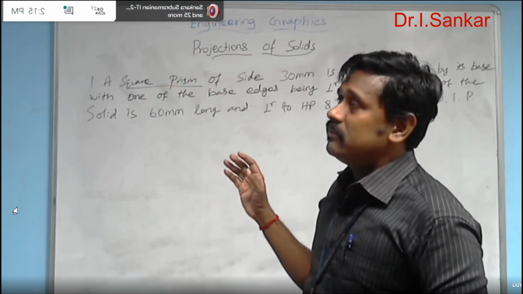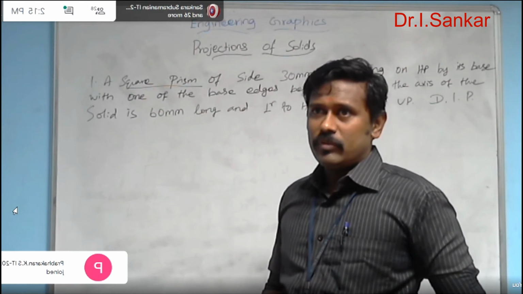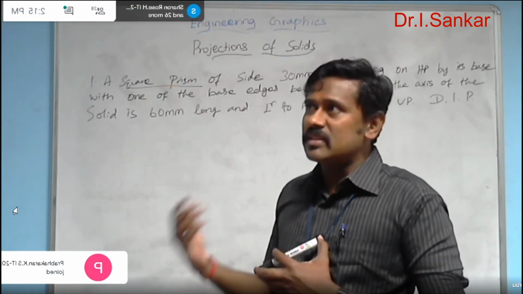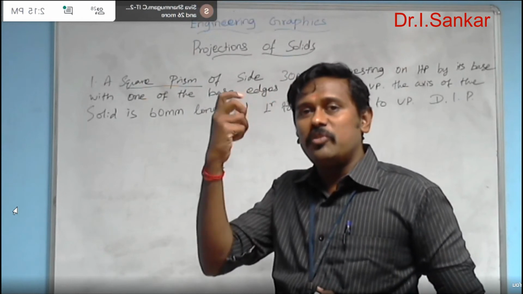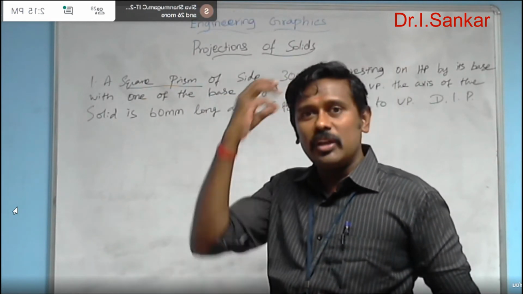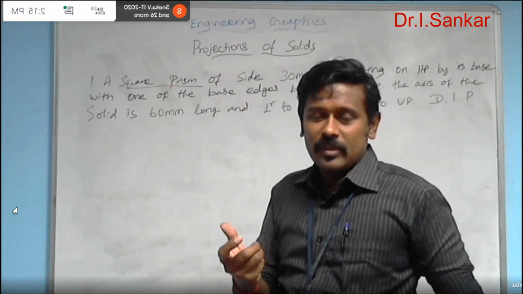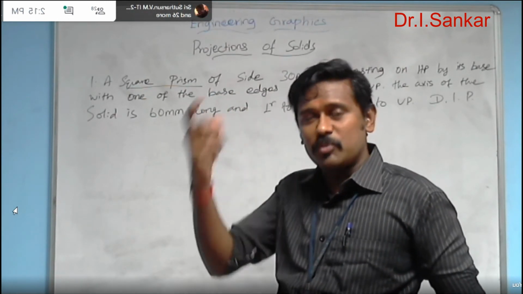When we are in the classroom, when I read a question or discuss a question, try to bring out the object virtually in your mind. If I say a square prism, you have to prepare a square prism in your mind.